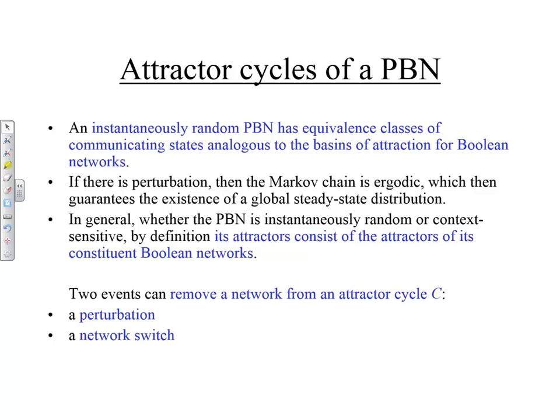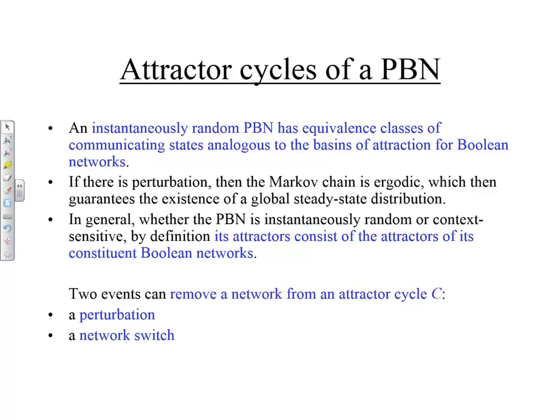If there is perturbation, then the Markov chain becomes ergodic, which will guarantee the existence of a global steady state distribution. So in general, whether the PBN is instantaneously random or context sensitive, by definition its attractors consist of the attractors of its constituent Boolean networks.